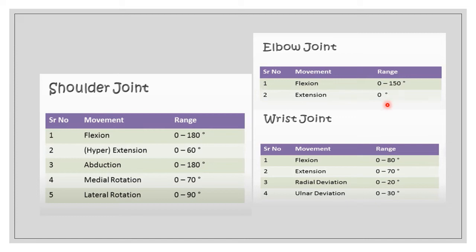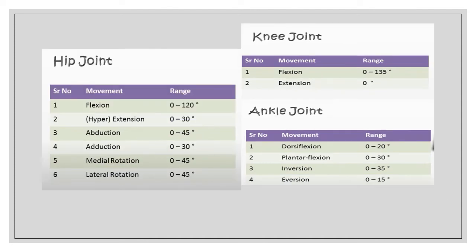It's also important to know that in some people who are hyperflexible, they can go into some degree of hyperextension, where they can extend beyond 0 degrees. Wrist movements: you have your flexion, extension, radial deviation, and ulnar deviation. For the lower extremities, you have your hip joint, your knee joint, and your ankle joint.